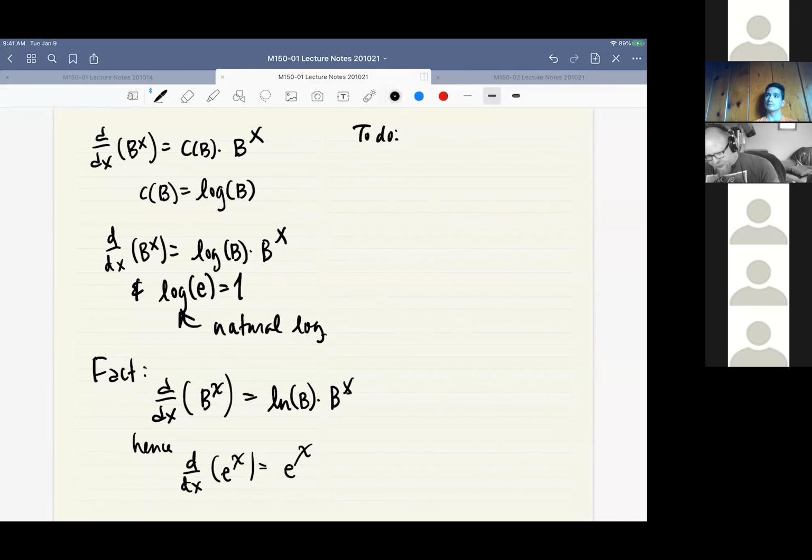Polynomial, rational, algebraic, and algebraic includes the root functions, right? Algebraics are like polynomials, but with possibly rational and negative exponents. Exponential functions, trigonometric functions. What else? Any other families of functions we're missing? We got them all?